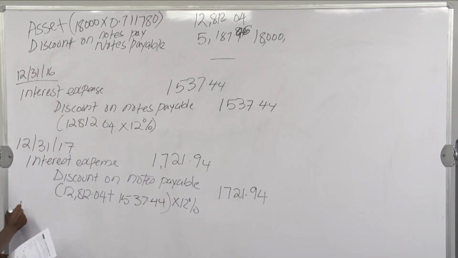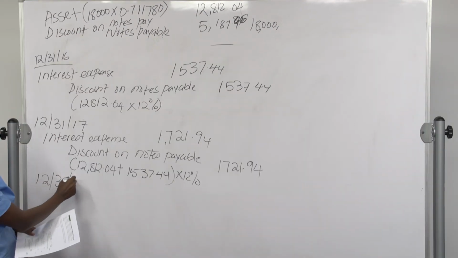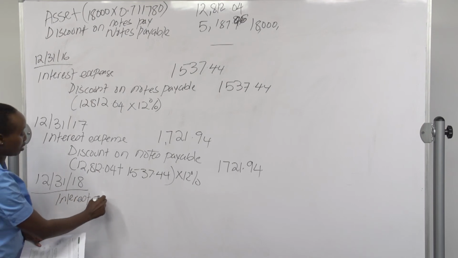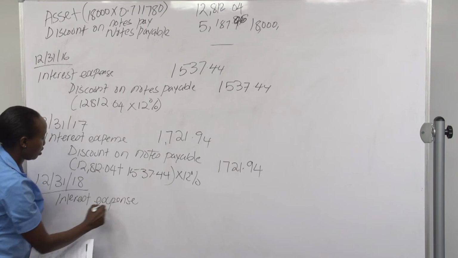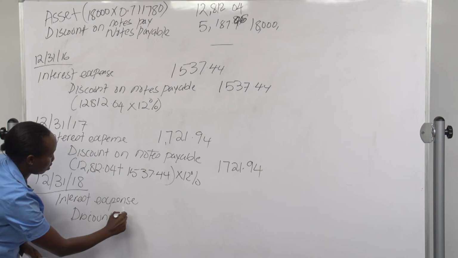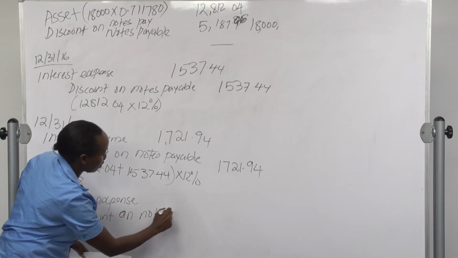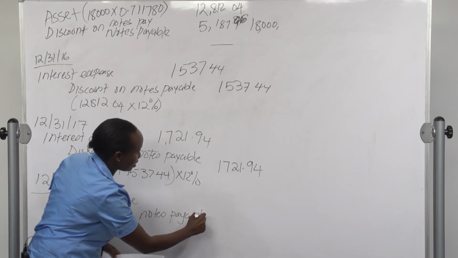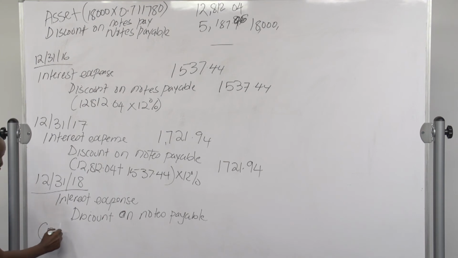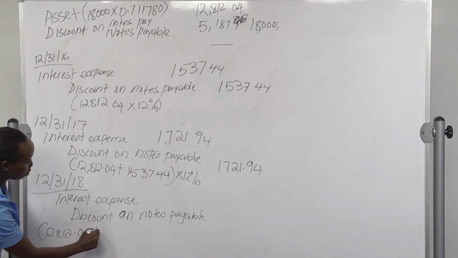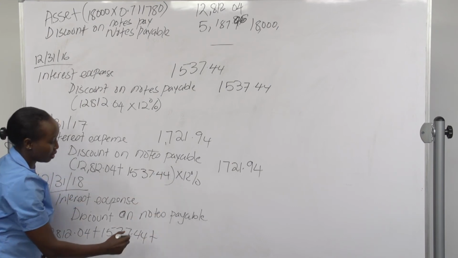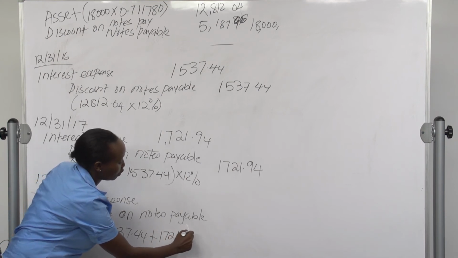In December 2018, we post another amortization. So interest expense and discount on notes payable, we're going to amortize the discount again. We add the last two amortizations: 12,812 and 4 cents plus 1,537.44 plus 1,721.94.